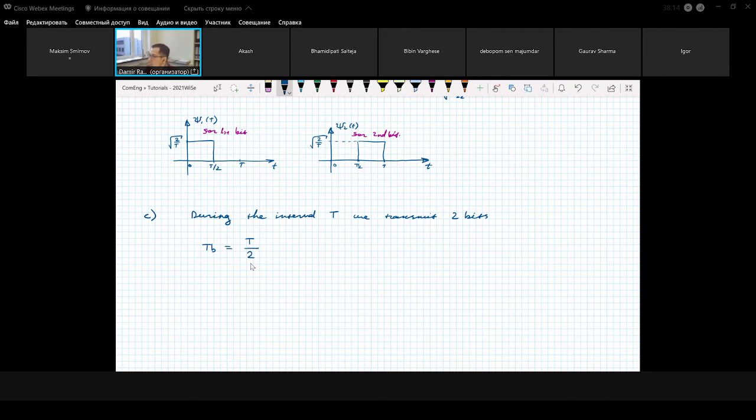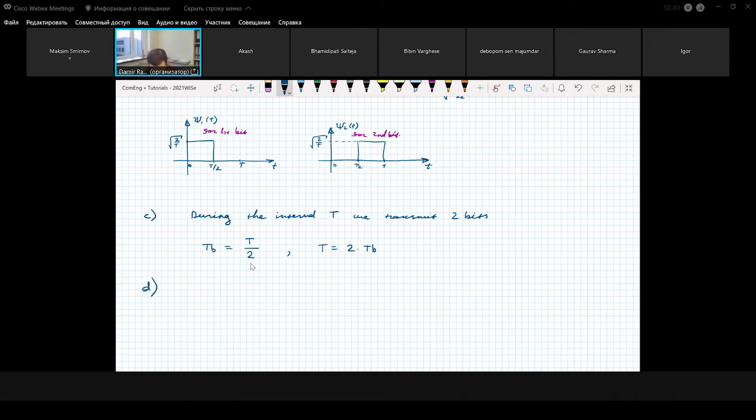We just take the whole interval and divide it by the number of bits that we can transmit during this interval. This is the relation between TB and T. And of course, we can write it as T equals 2 times TB. It also works. So, good.